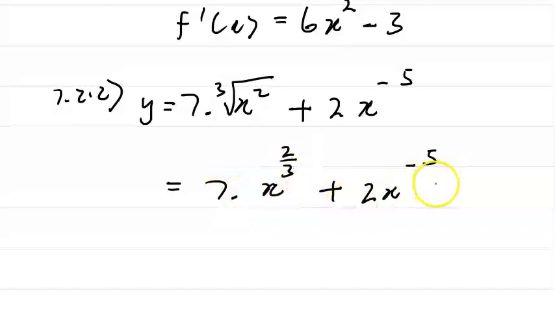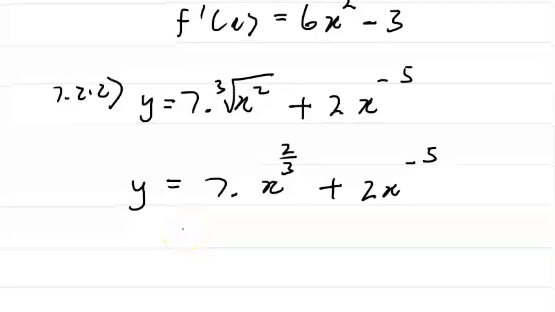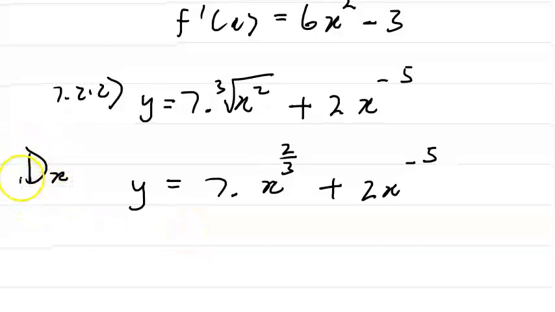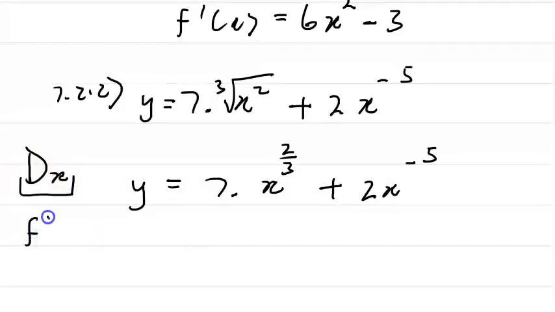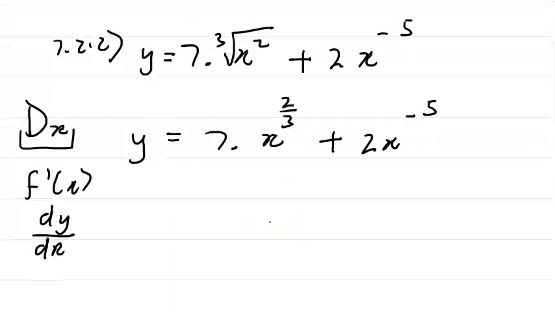Only now can we find our derivative. Remember, this is still in terms of y, we can call it y, it's fine. Now we're going to find our derivative with respect to x, because the notation D subscript x, f'(x), and dy/dx all mean the same thing. You're finding the derivative with respect to x. So now we can find the derivative.